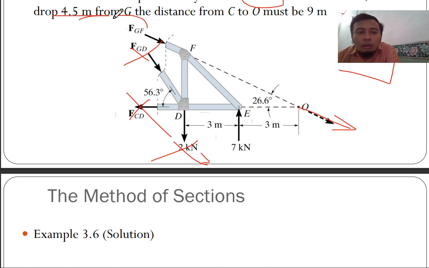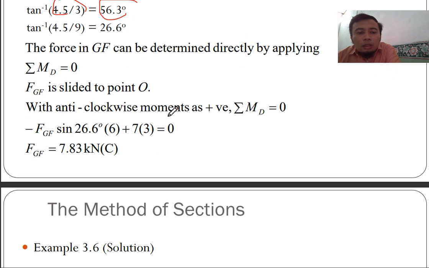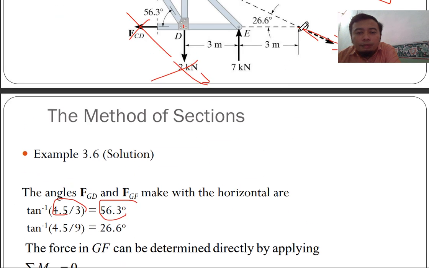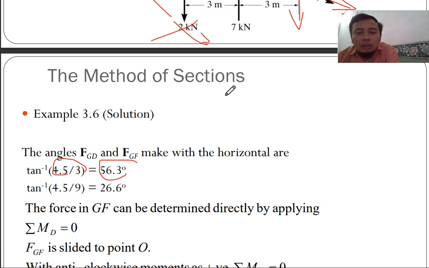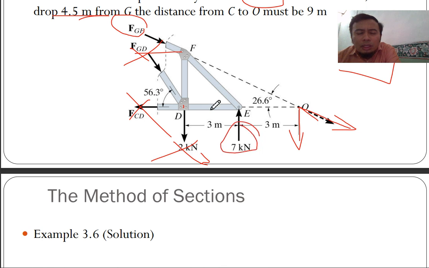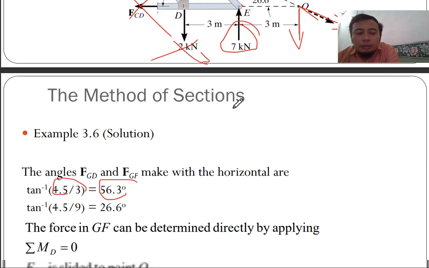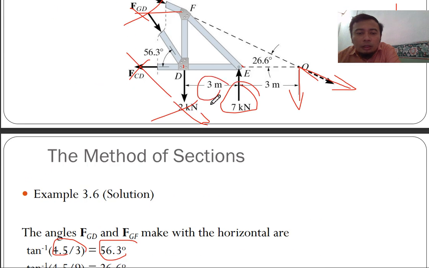Only FGF is taken into consideration because of moment at D. FGF you can either resolve here, or you can also put it here with moment arm of 6. So here you have it, moment arm at 6. This is your resolved FGF to the Y axis. And this 7 times 3 is this external force, the reaction force, times the moment arm of 3 at D.